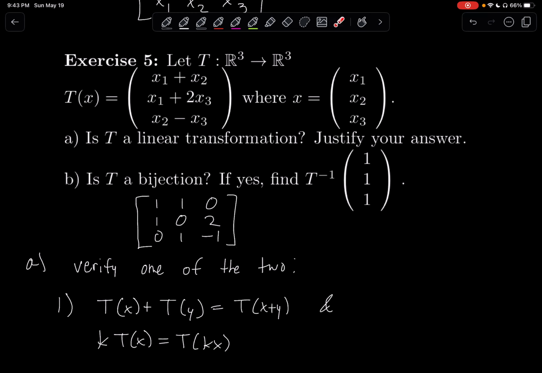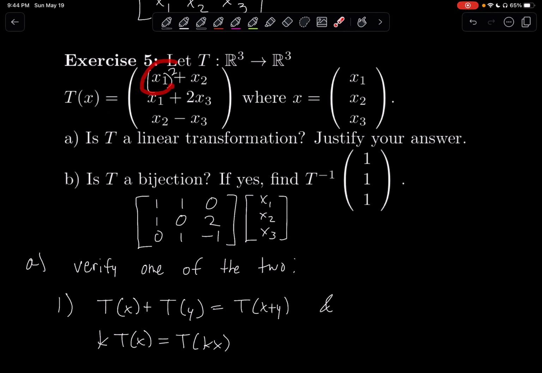So since I was actually able to find this coefficient matrix that represents the output of my linear transform T, this alone is enough to say that T is linear. If for whatever reason I'm not able to construct this matrix, maybe x1 is squared, then I'm not going to be able to make the matrix A times the vector x1, x2, x3, because you need Ax to equal T of x.